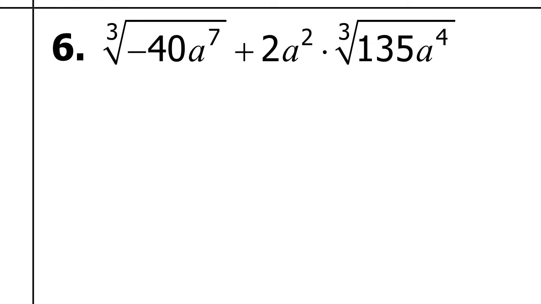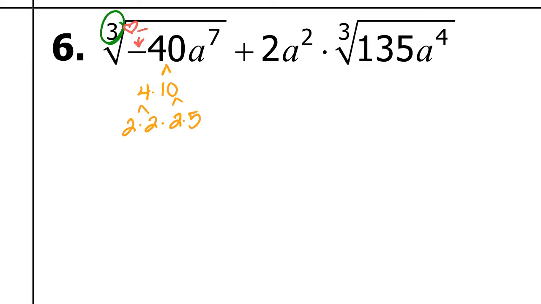So I'm going to start off by simplifying my 40, and I do see that it has a negative sign. However, odd indexes love the negative. So when I break down the 40, I have 4 times 10. 4 can be broken down into 2 times 2, and 10 can be broken down into 2 times 5.